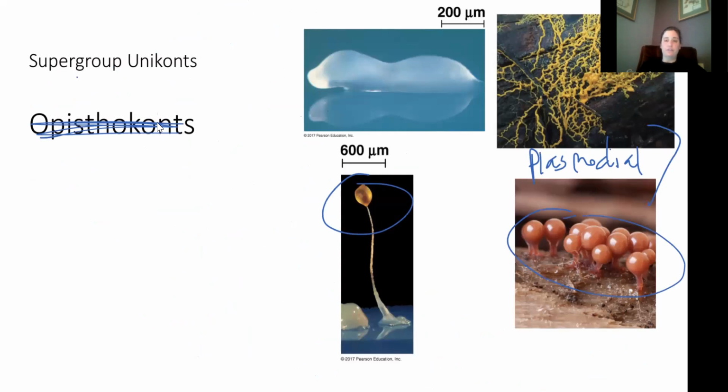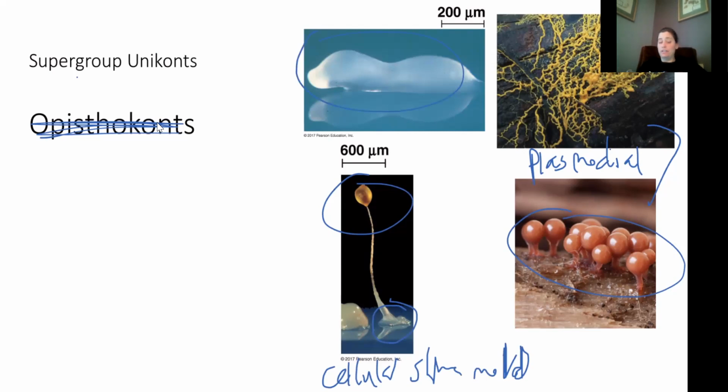These are the fruiting bodies that are going to produce spores. And this is the multicellular aggregate and the fruiting body of a cellular slime mold.